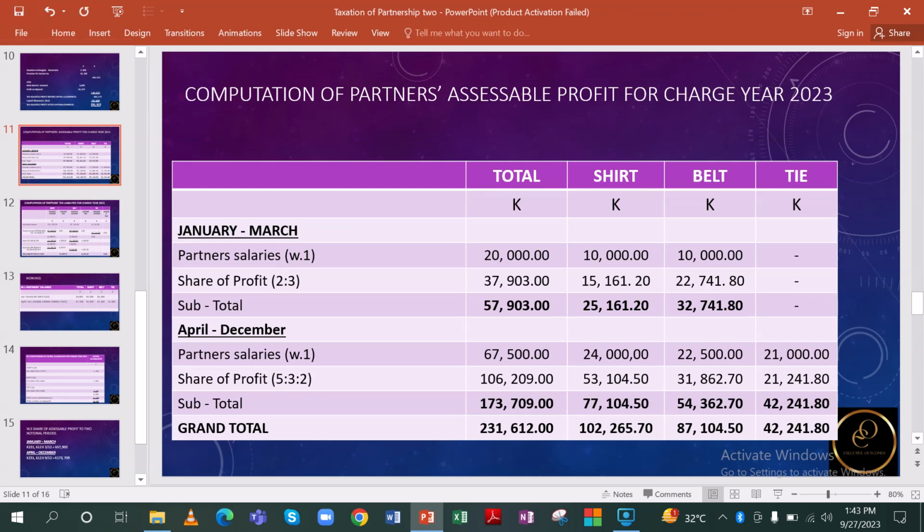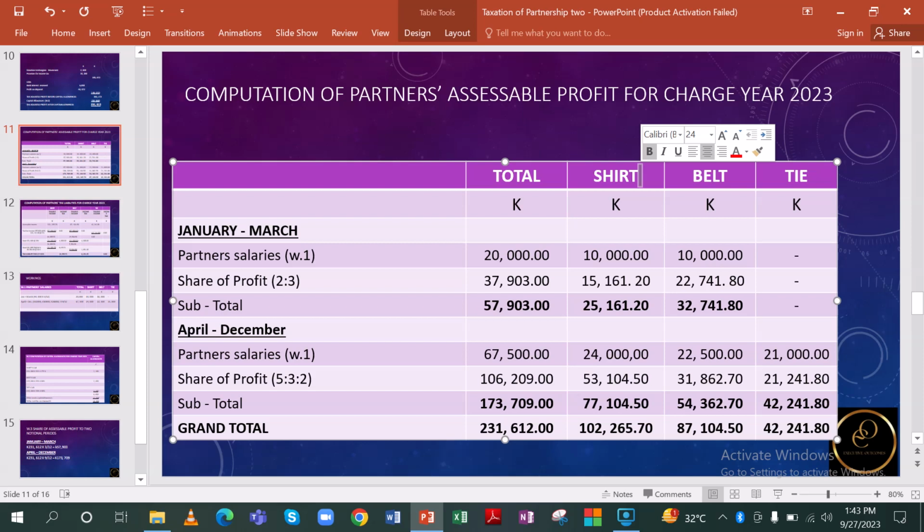We have 25,161 kwacha 20 ngwe, added to 77,104 kwacha 50 ngwe. We are going to arrive at 102,265 kwacha 70 ngwe to be the total income that Shet has received from this partnership, to be taxed by this partner.